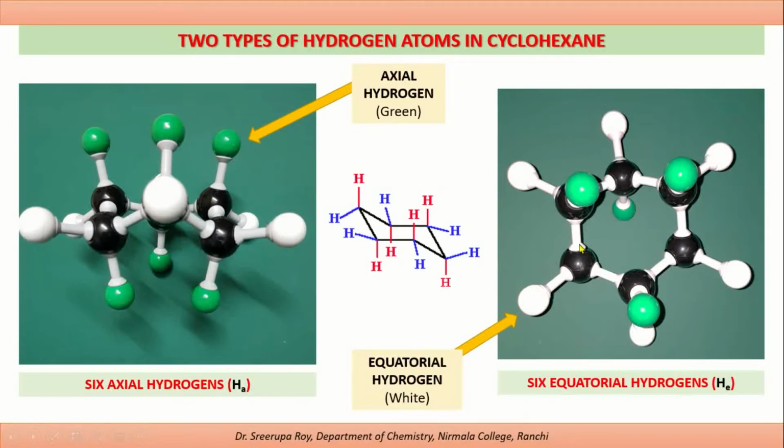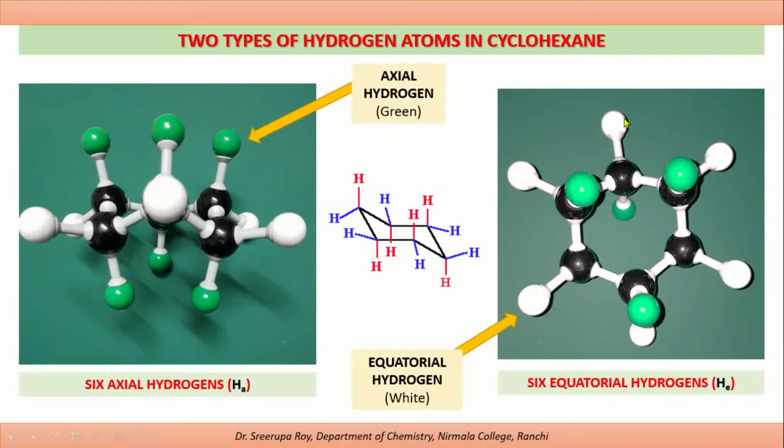In these ball and stick models, the green balls represent the axial hydrogens while the white balls represent the equatorial hydrogens. By coplanarity, we mean that if this is the plane of the 6 carbon atom ring of cyclohexane and these are the equatorial hydrogens, you can see that the planes are the same.